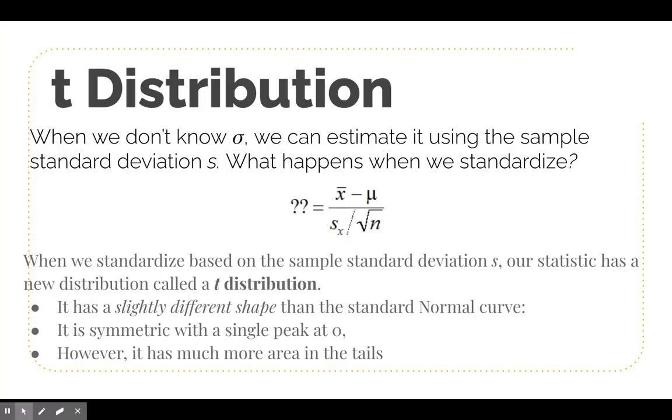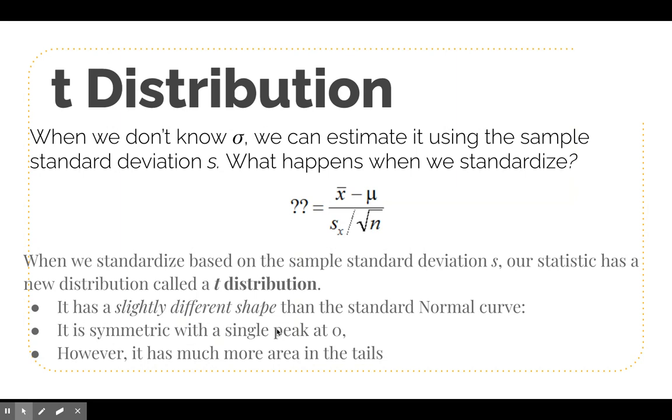So when we don't know sigma, the standard deviation of the population, we can estimate it using the sample standard deviation S. But when we standardize based on the sample standard deviation, it turns out that the statistic has a new distribution called a t distribution. The t distribution has just a slightly different shape than the standard normal curve.